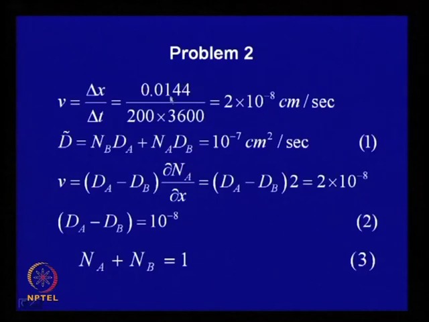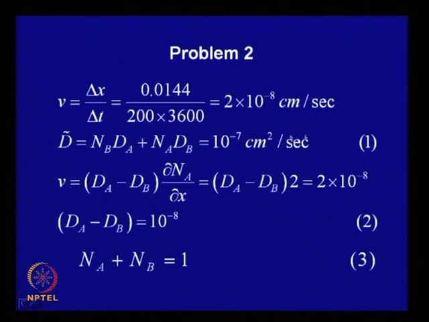Here is the time in hours. In most cases we calculate velocity in centimeter per second, so you convert this hour to seconds, then it comes out to be 2 into 10 to the power minus 8 centimeter per second.